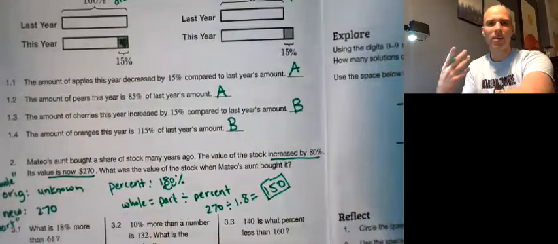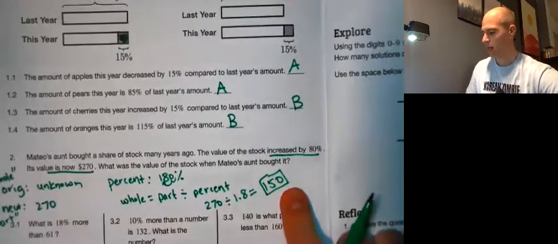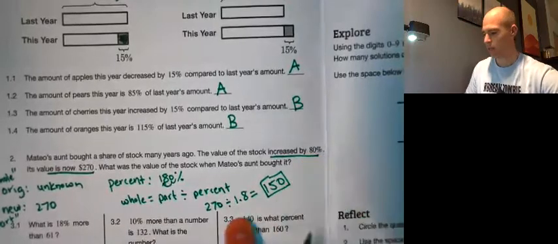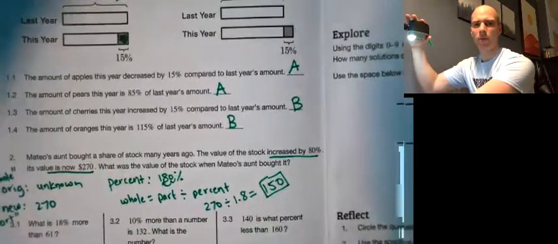And so that answer should feel a lot more reasonable, right? If 150 increases by 80%, it comes to 270. Whereas $54 didn't seem like a reasonable answer when you think about the question.